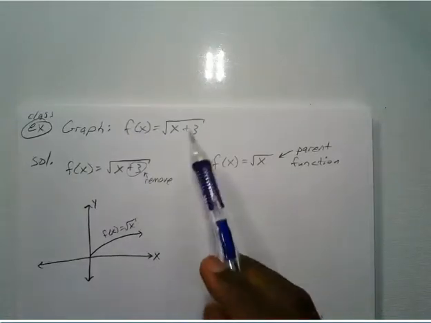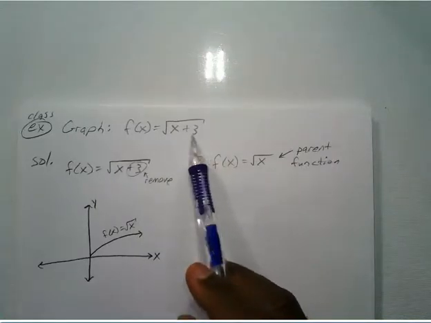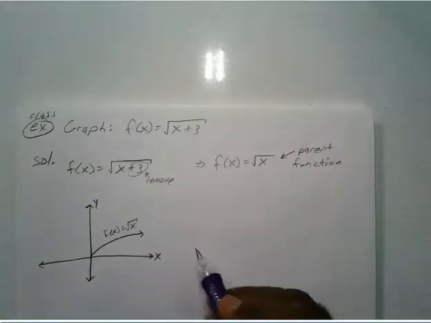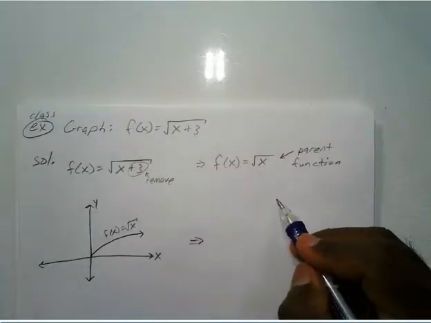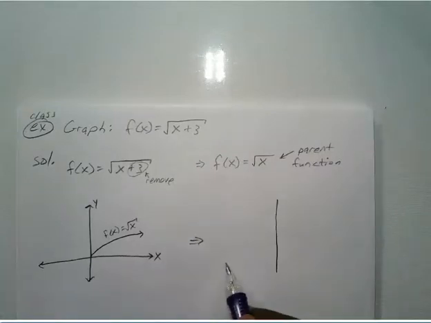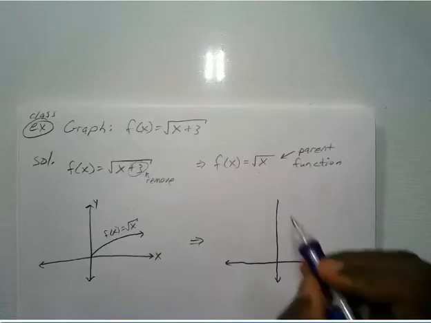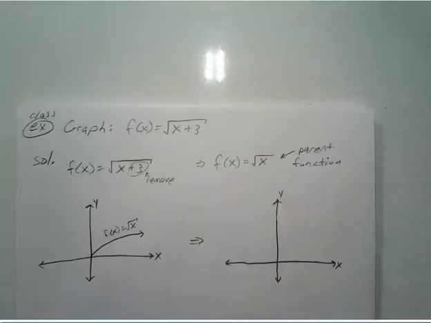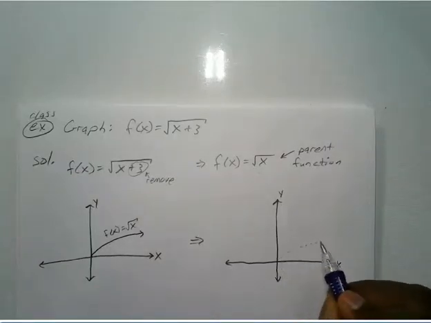Now we see here that since it's plus 3, we're going to shift our square root of x to the left 3 spaces. If we draw our xy axis, we have our x, then we have our y, and I'm going to draw a dotted square root of x.